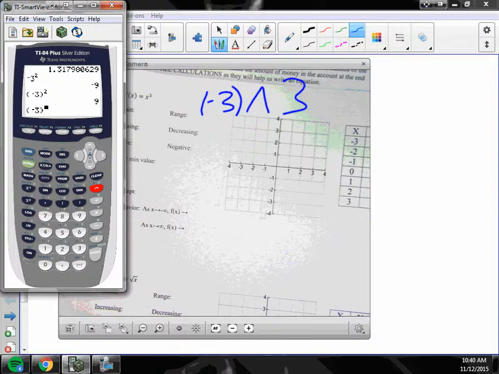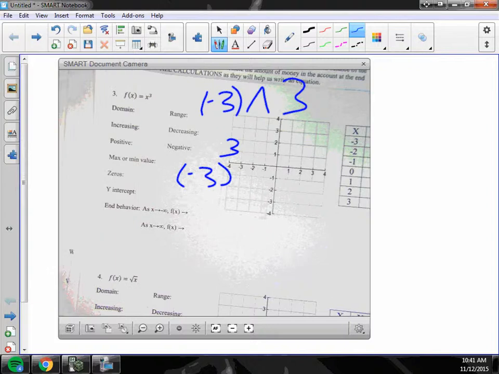Mine will raise it up, but it depends on how new your calculator is. The older ones don't put it up high. They just list the caret in there. Then 3. Yeah, that's the exponent button. Okay? So then you'll be able to graph that.